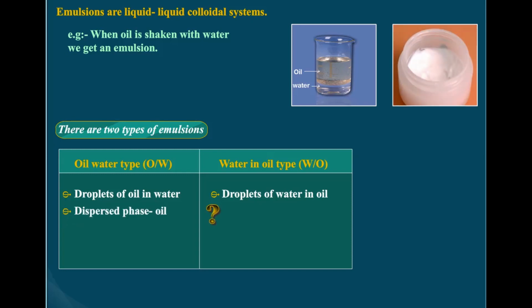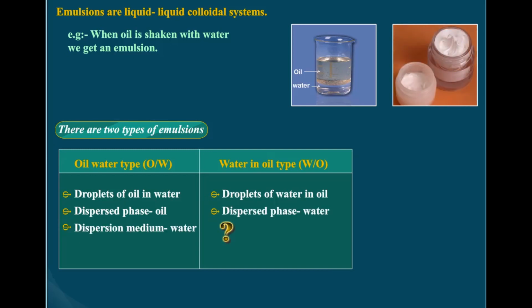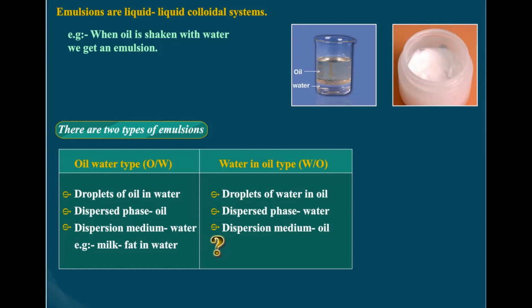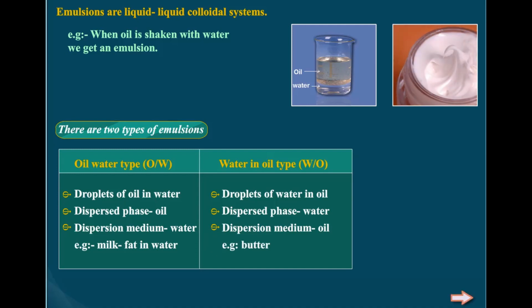Here oil is in greater amount and here water is in greater amount. Example, milk is actually liquid in water, an example of oil in water type. Butter is an example of water in oil type.